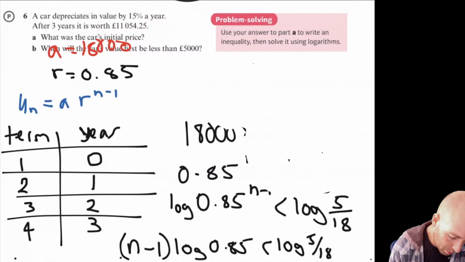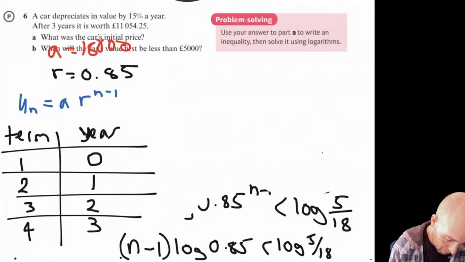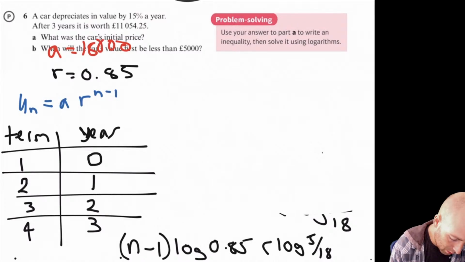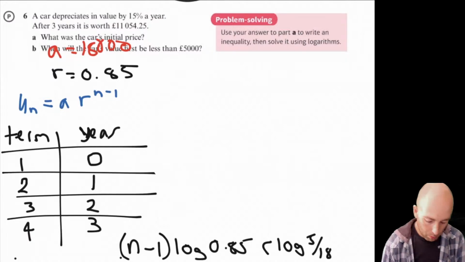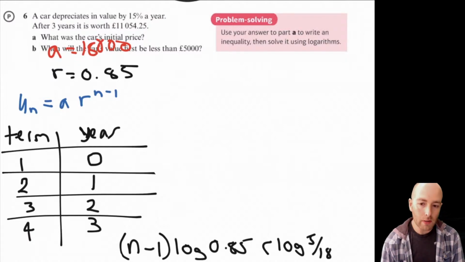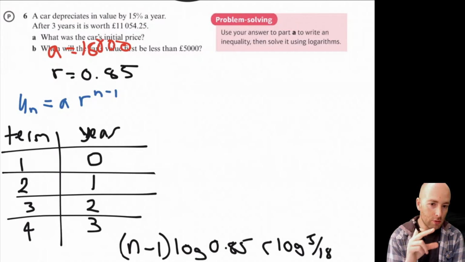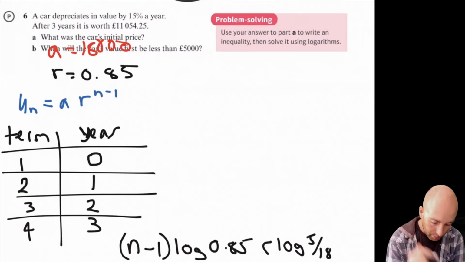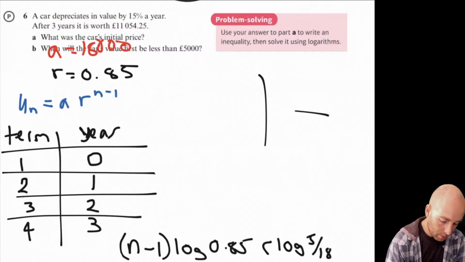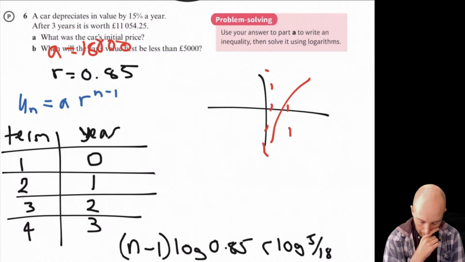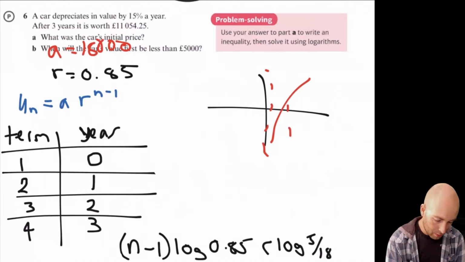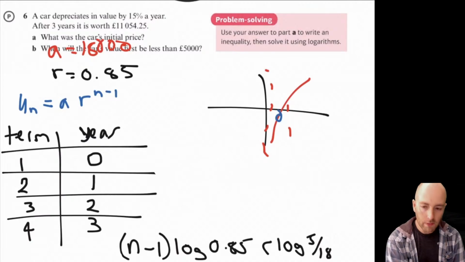If you guys need these, just pause and rewind and they'll still be there. So use logs, take log of both sides, use the power rule. And now I want to divide by log of 0.85. Now the problem is, remember, if you divide by a negative in an inequality, you need to swap the sign over. Quick sketch of log. Log looks like this, remember? Asymptote, there's 1. Log of 0.85 is going to be about here. So log of 0.85 is negative.